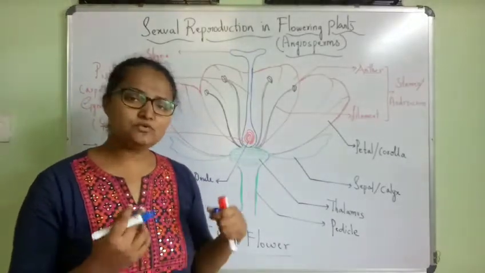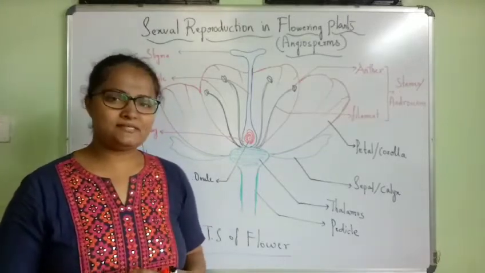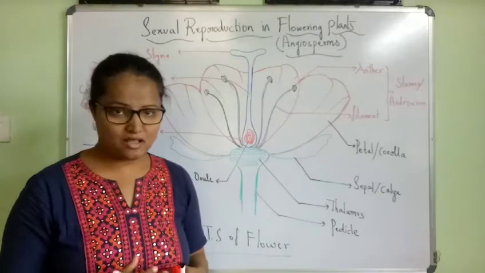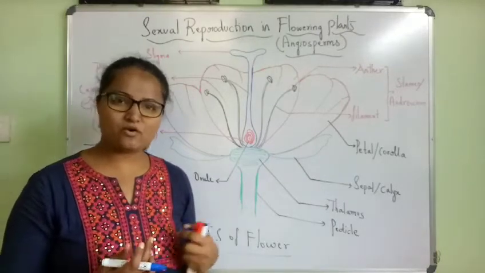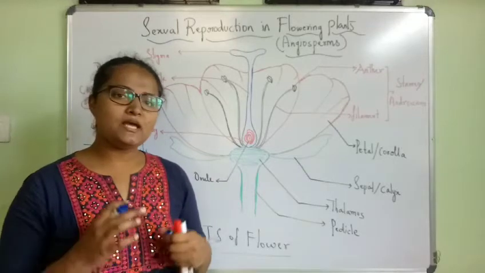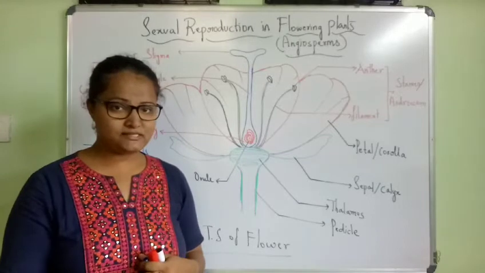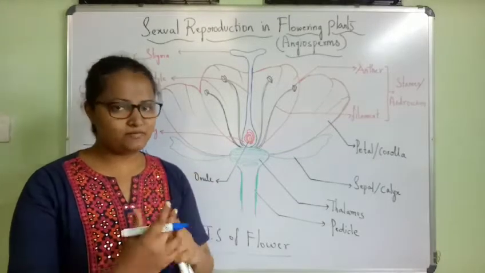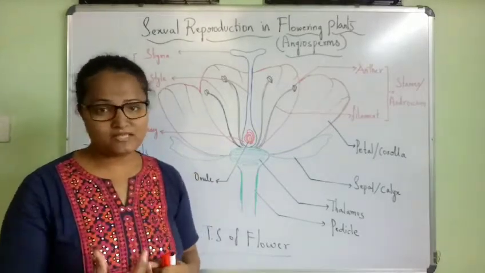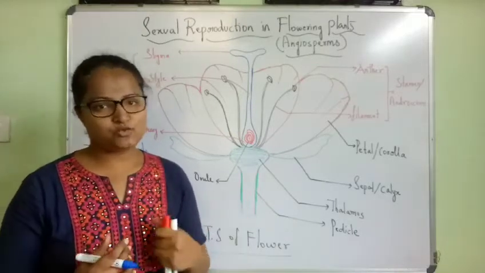This happens due to some hormonal changes also. Hormones like auxins, gibberellins, and florigen are responsible for the production of flowers. What happens in the shoot is that these buds are converted into inflorescence. In such inflorescence there will be formation of flowers. Hence we can call flowers a modified shoot.